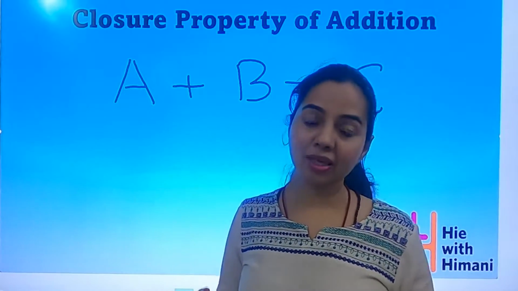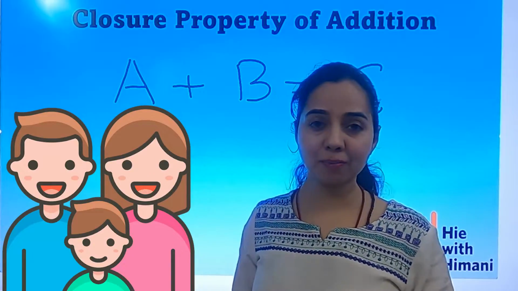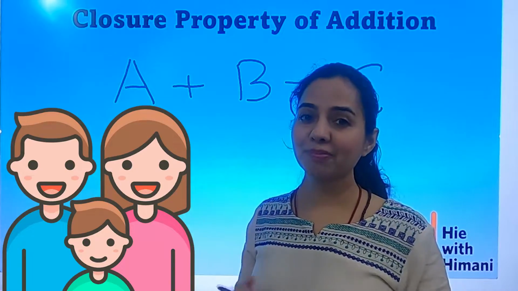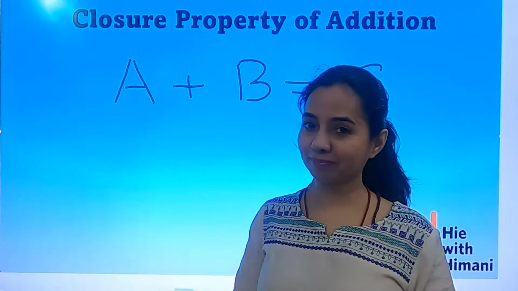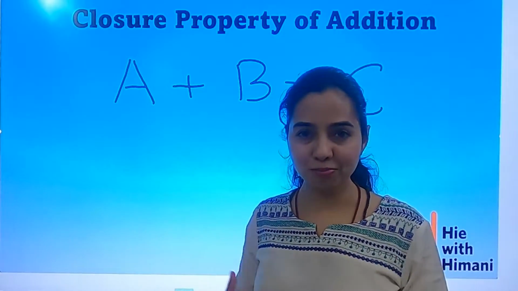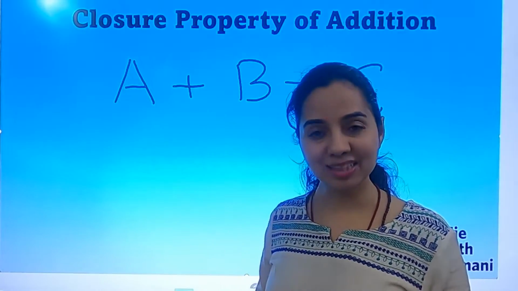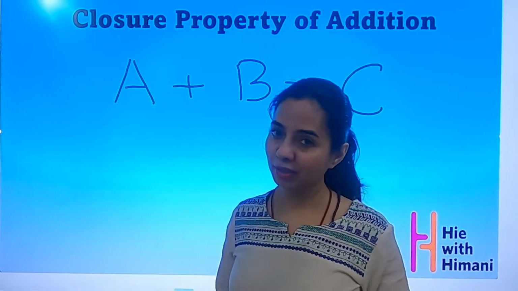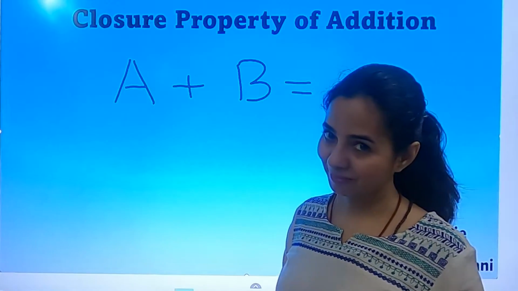That is, if Papa is Mr. Gupta, Mummy is Mrs. Gupta, then child is Master Gupta. It cannot be anyone else. Simple, closed, a close-knit family. That is known as the closure property of addition.